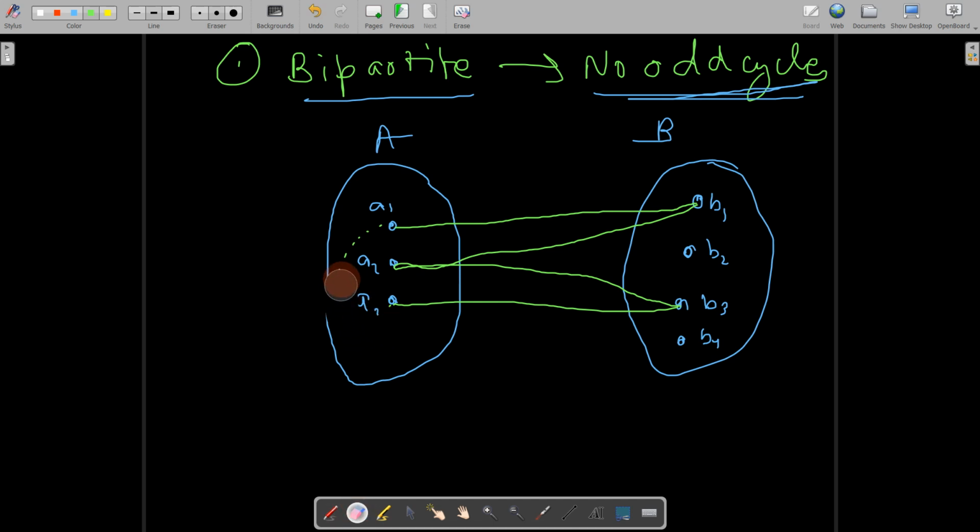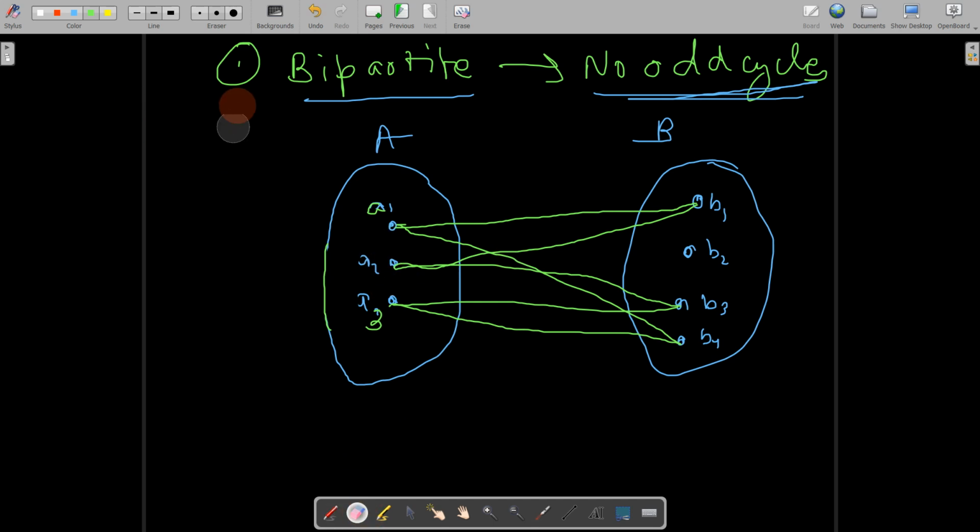If you know the graph is bipartite, then for sure you cannot make an odd cycle. From A3, length 4 has been done; the fifth length, now you can come back to make a 6 length cycle. So all even cycles can be present, or no cycle can be present, but odd cycles cannot be present.